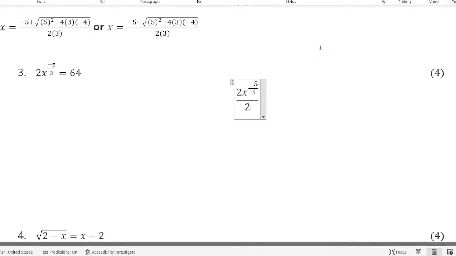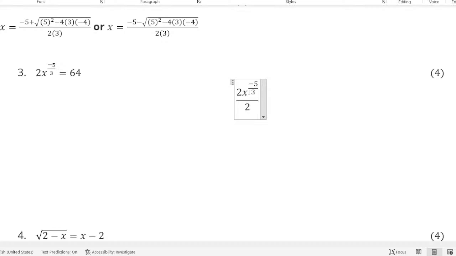The reason I say divide by 2 is because we want to eliminate this 2 that is on the numerator. So whatever you do on the left hand side, you must always do on the right hand side. That is a mathematical law, so that you don't change the original equation. So it's going to be equal to 64.